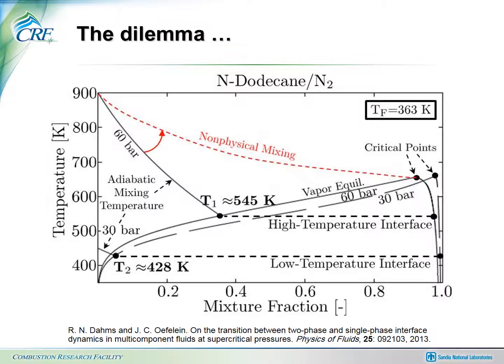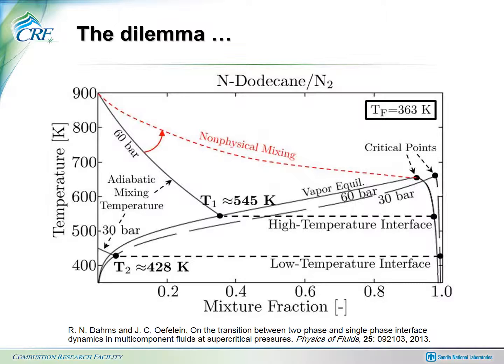That represents what we might call the interfacial temperature for these conditions, if we just assume adiabatic mixing is a good assumption, which it turns out to be for this case. Likewise, in the lower left, you can see the mixing line associated with the 30 bar case, and that intersects at a temperature of 428 Kelvin. The initial ambient was 450 K for that case.